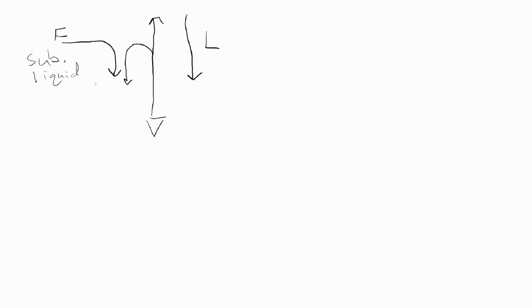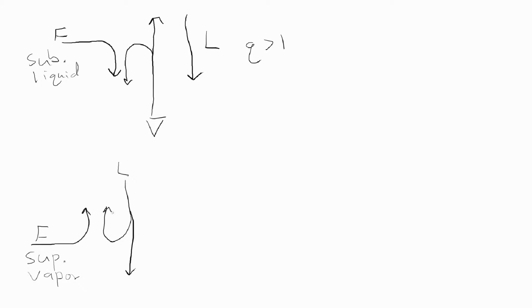What this means in practical terms is that you're actually adding more liquid than you would if the feed were completely liquid to the stripping section. So this represents a value of Q that is greater than 1. Similarly, if we had a superheated vapor entering at the feed, it will convert some of the liquid falling down from the rectifying section into vapor.